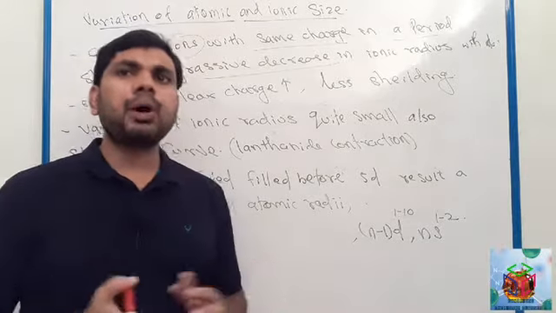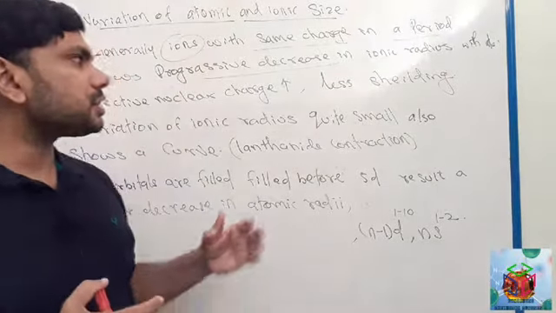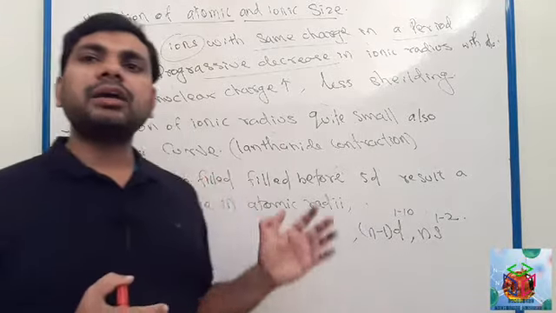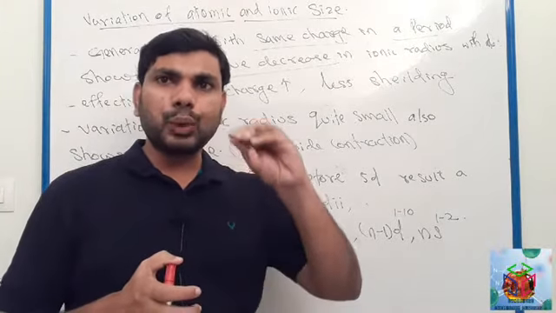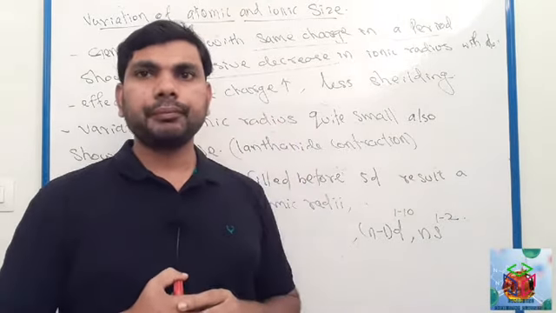But in d block elements, their atomic and ionic radius are very close, or they decrease to a very small extent.